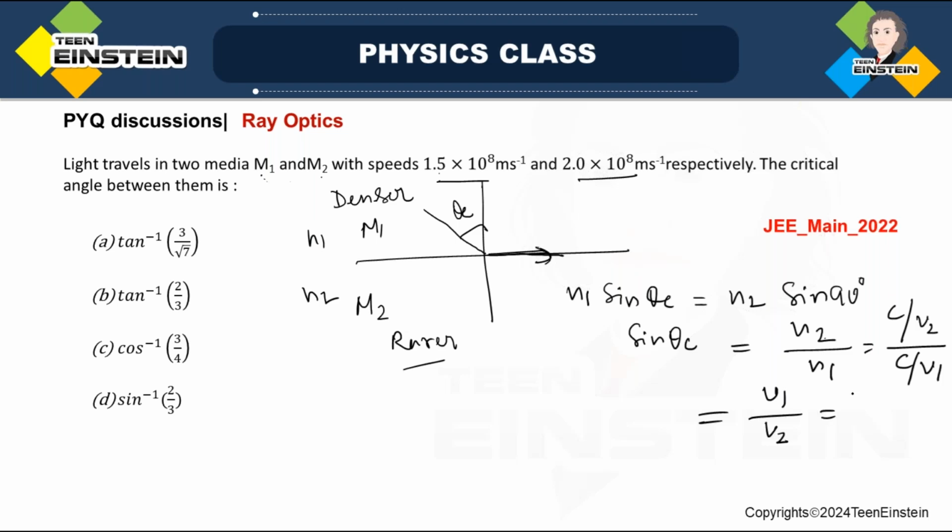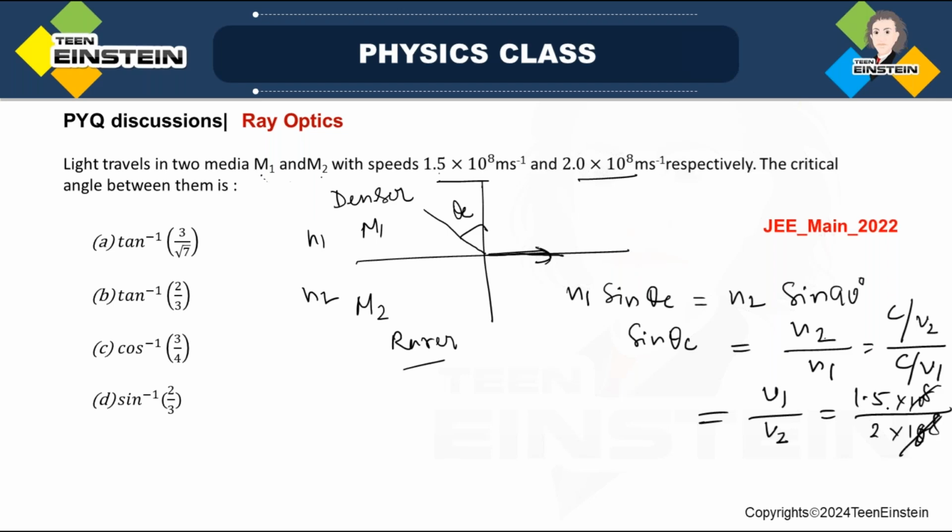So v1 is how much? v1 is 1.5 into 10 to the power 8 meter per second, and v2 is, see, n1 is actually the denser medium, so that's why speed is less, and v2 is given as 2 into 10 to the power 8 meter per second.